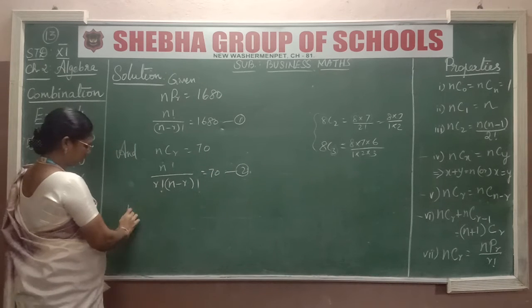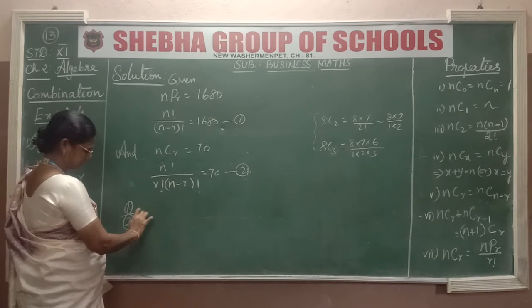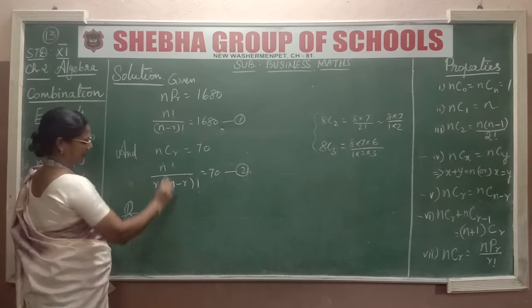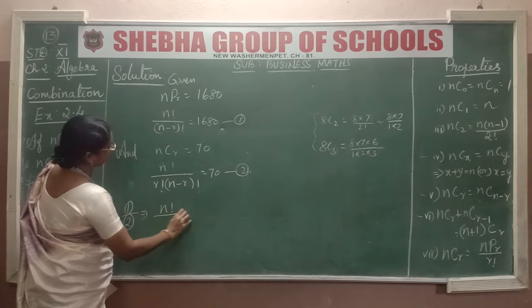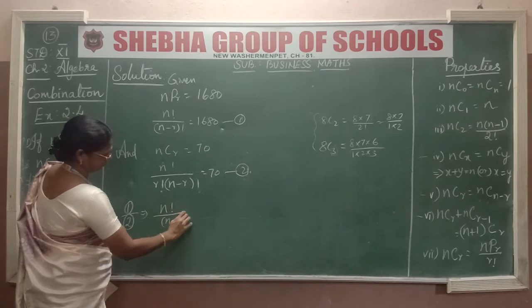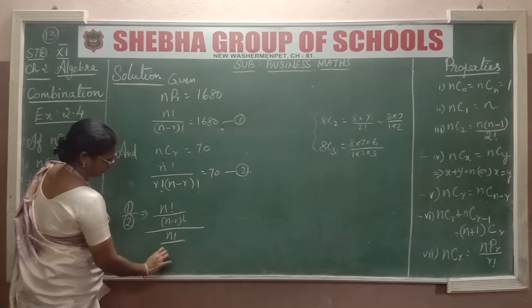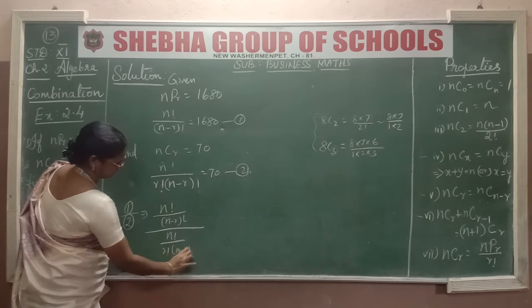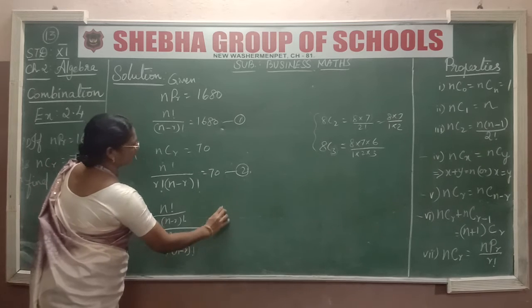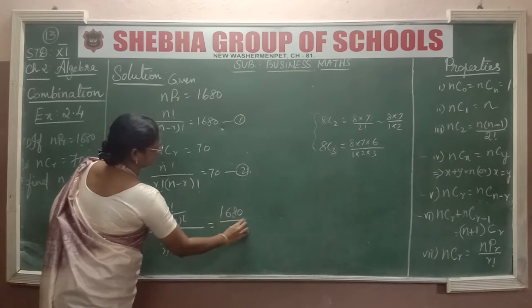Now dividing 1 by 2, we get on the left hand side n factorial by n minus r factorial divided by n factorial by r factorial into n minus r factorial, equal to 1680 by 70.